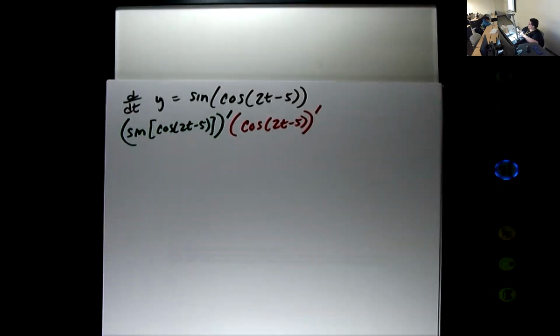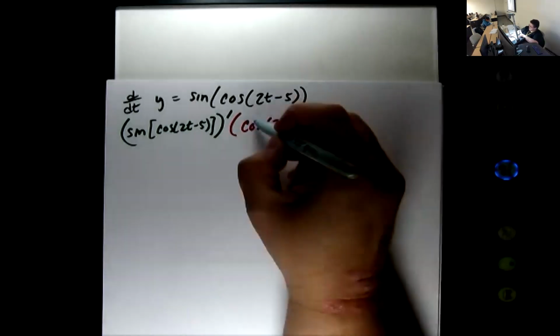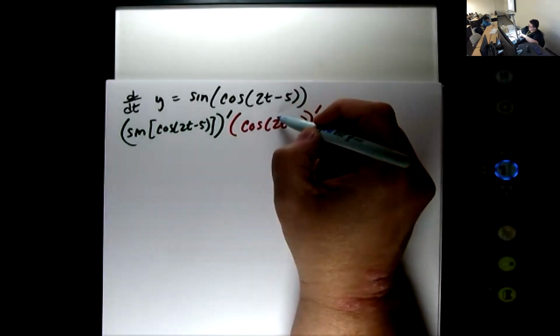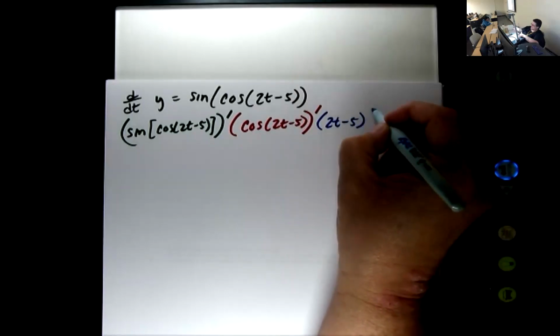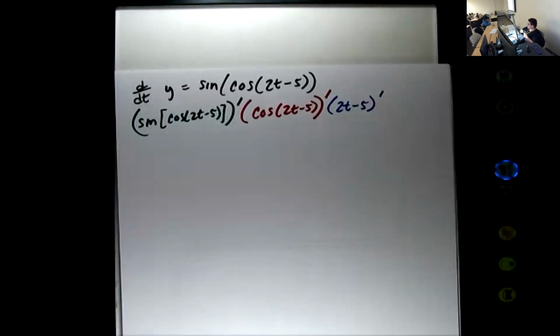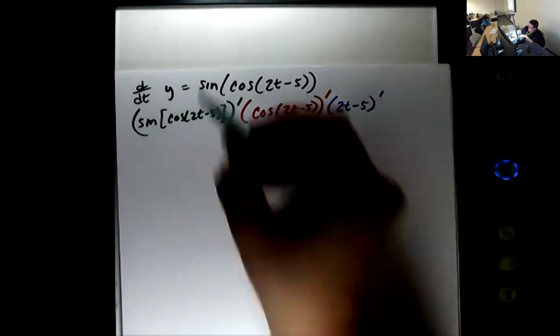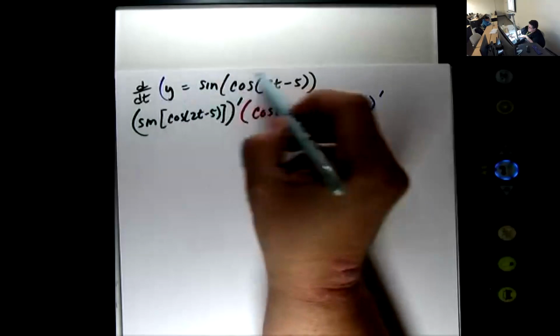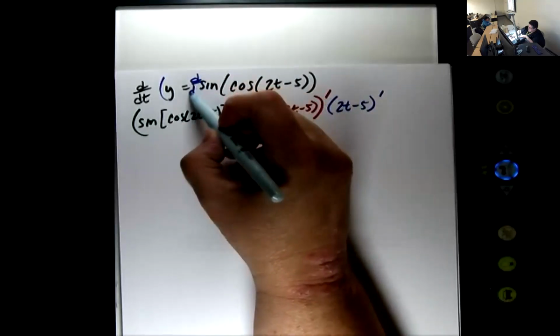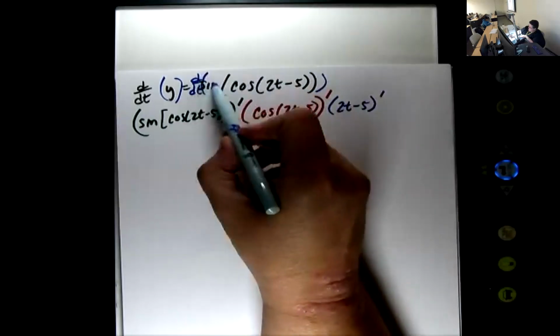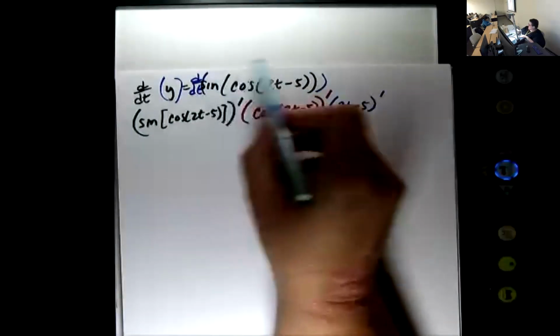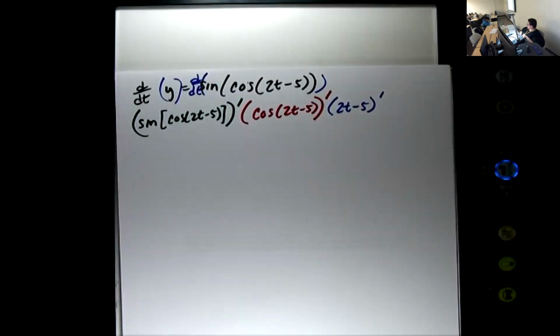Then I move inwards again, inside the argument of the trig function, and now I need the derivative of 2t minus 5. Maybe I should put d dt over here too. I hit the sine, then the next thing, then the next thing inside. I keep working inward.